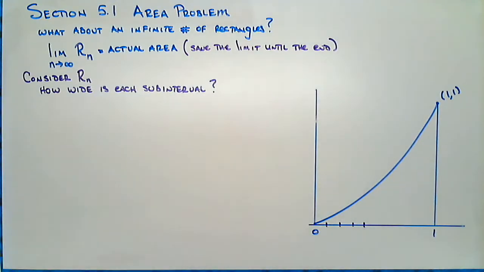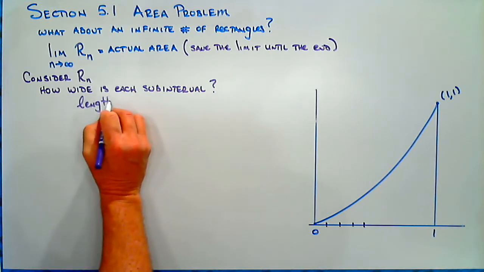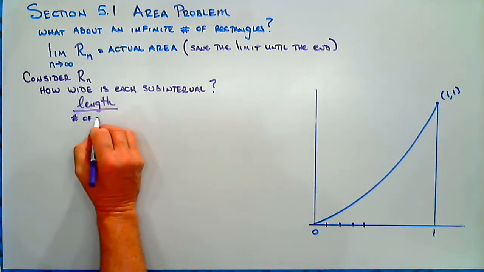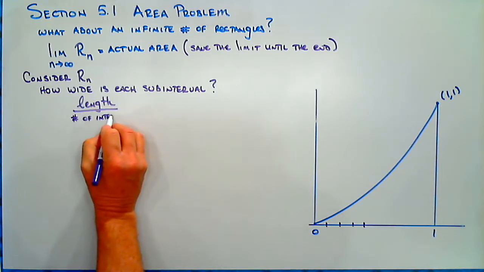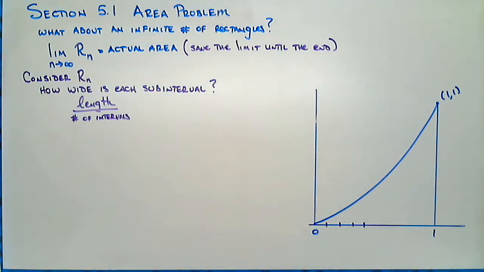Well, that question was easily answered when we had 4 subintervals. We took the length and we divided it by the number of intervals, and we came up with 1/4. We didn't even really talk about it. It just happened.